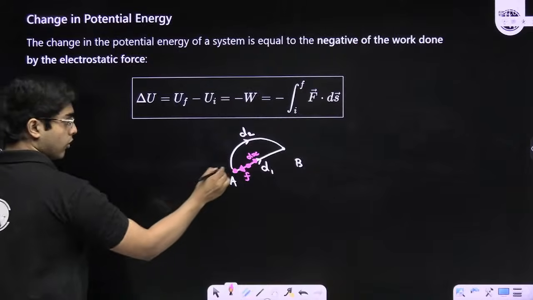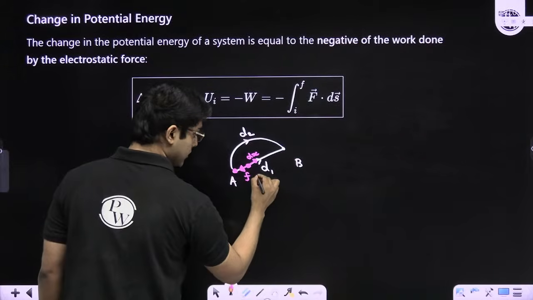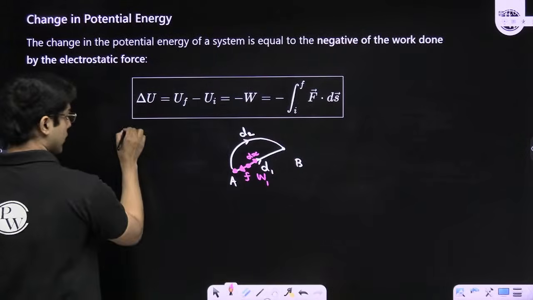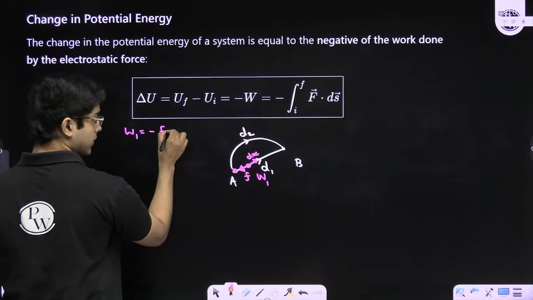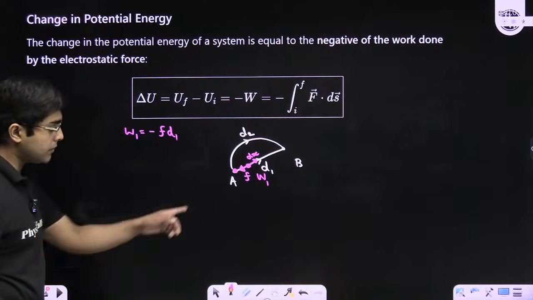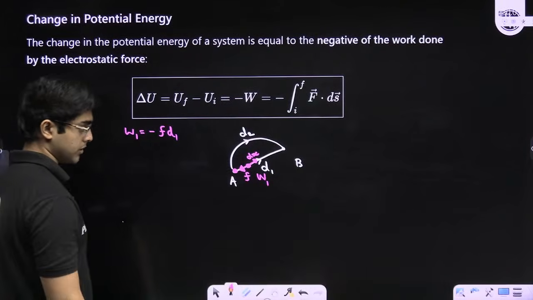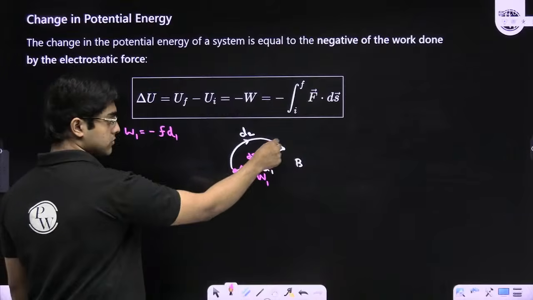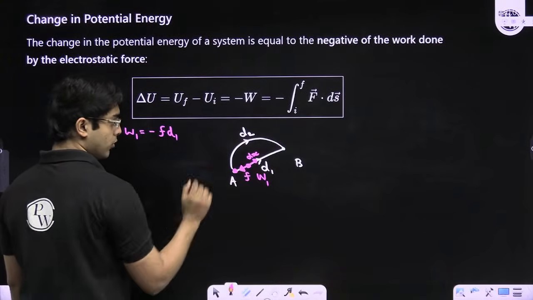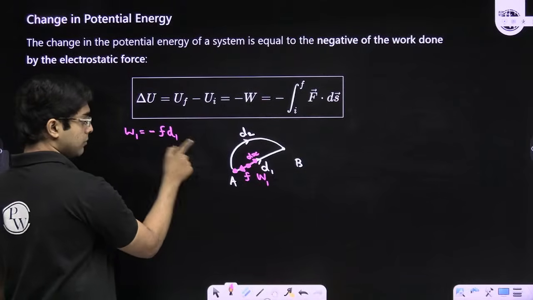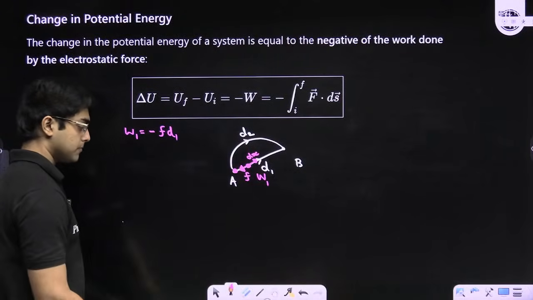So if you say in this path the work done is W1, W1 will be minus F into D1. Force and displacement are opposite to each other everywhere, so it will be F into D1, with a negative sign because force and displacement are opposite.